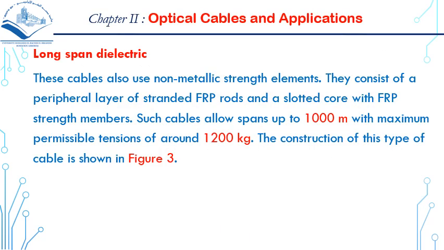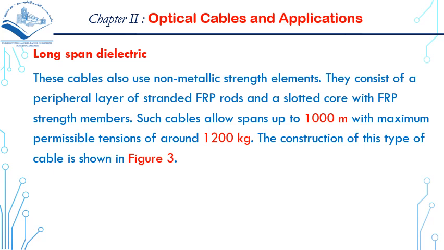We have another type, which is a long span dielectric, or a long length dielectric. These cables also use non-metallic strength elements. They consist of a peripheral layer of stranded FRP rods and a slotted core with FRP strength members.